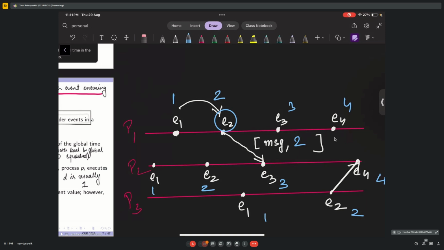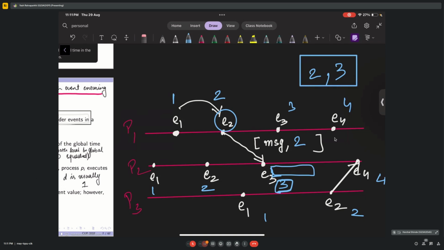In this scenario, this particular E3 will have two values. One timestamp coming from the message and one timestamp of the local process. The timestamp coming is 2 and the local timestamp is 3. समझ में आ रहा है? Two timestamps are coming.